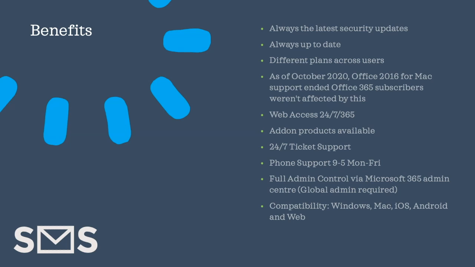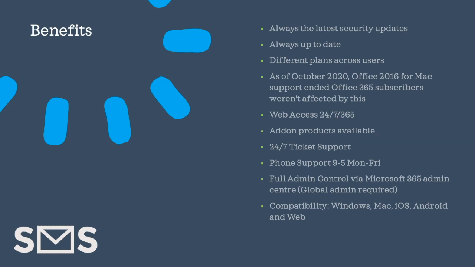Because you're paying a monthly or annual subscription, you're always going to get the latest security updates that have become available, for any exploits or security issues. You're also going to get up-to-date software, as in when new versions are released. You will eventually get them as Microsoft releases them.